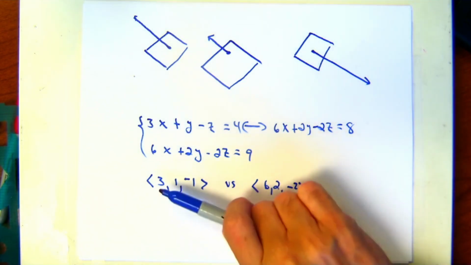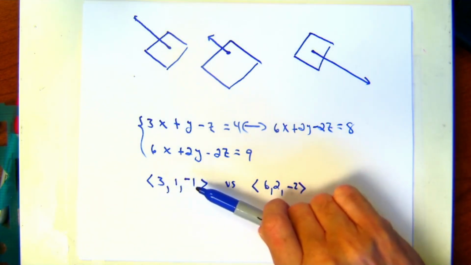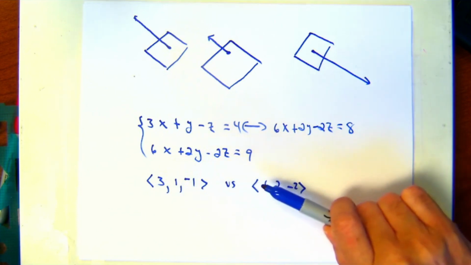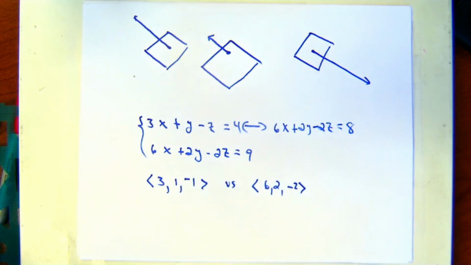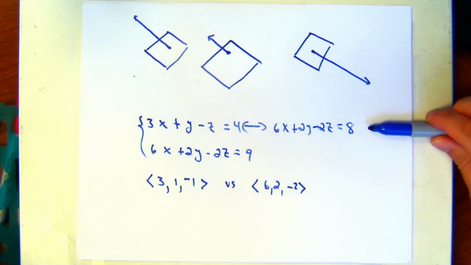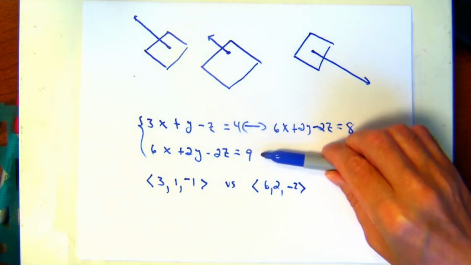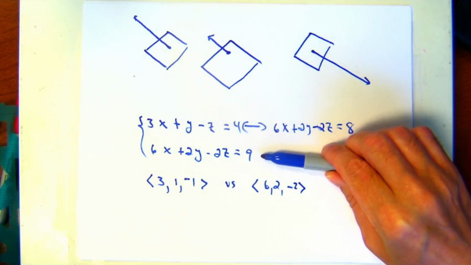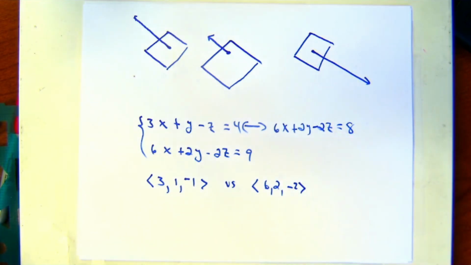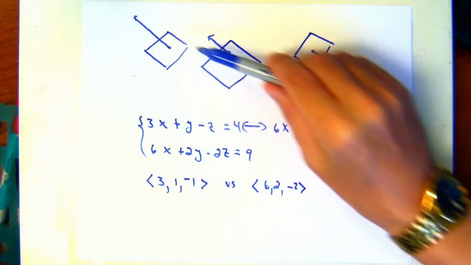The second plane says 6x plus 2y minus 2z is 9. There is no point x, y, z that makes that true and makes that true at the same time. So there is no point in common between these two planes. These two planes are distinct parallel planes, like these are.